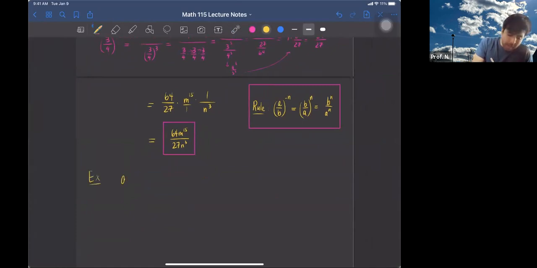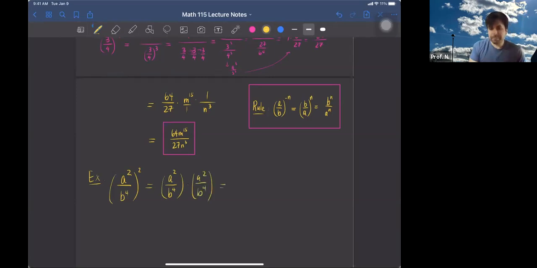Next one, a squared over b to the fourth, and I square this. Well, this is something similar to what we've just done, right? A squared over b to the fourth, squared, is a squared over b to the fourth multiplied by a squared over b to the fourth, correct? That's what it means to square.